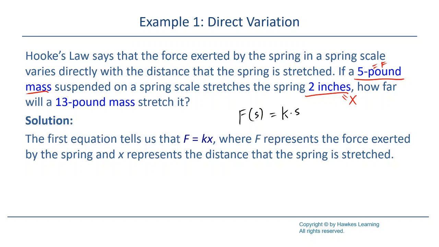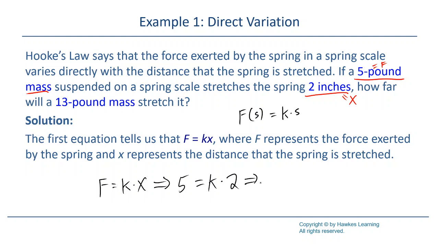So what that allows us to do is, if we know that F is equal to K times S, or K times X, then I can replace the force with 5, and I can replace the amount that it was stretched with 2.